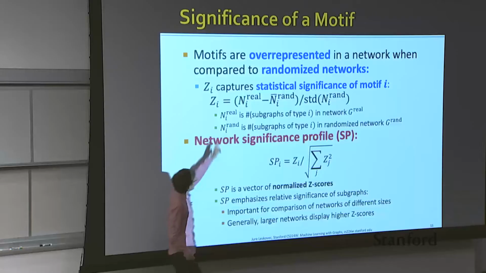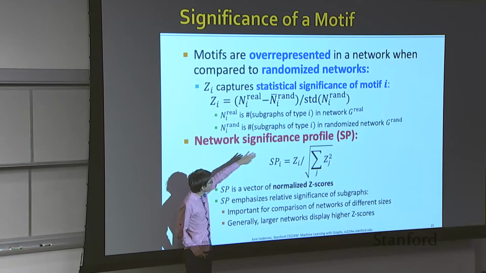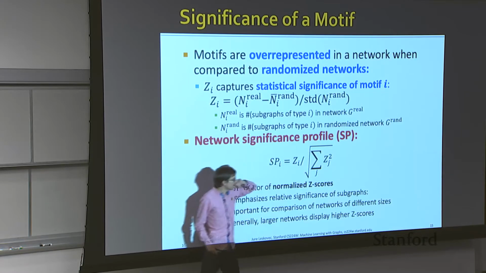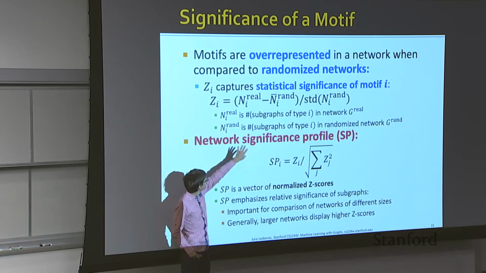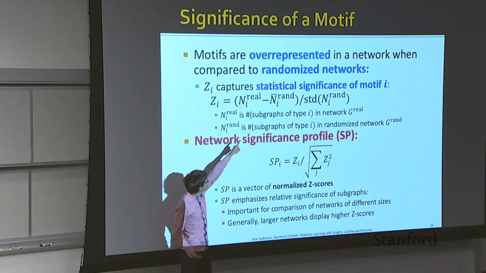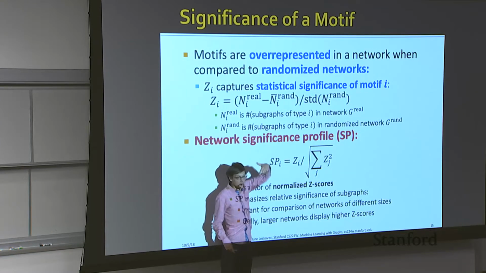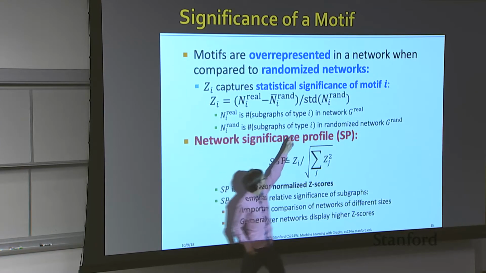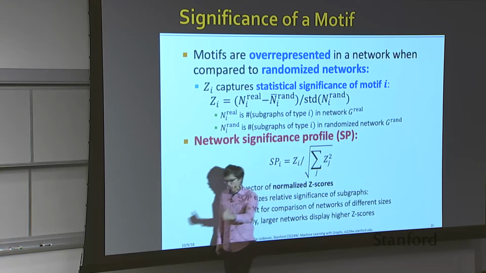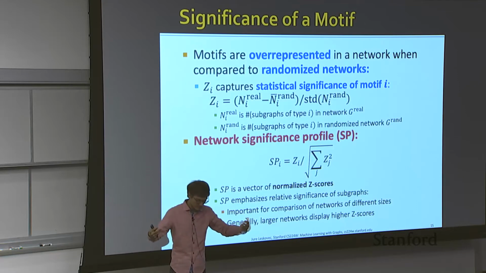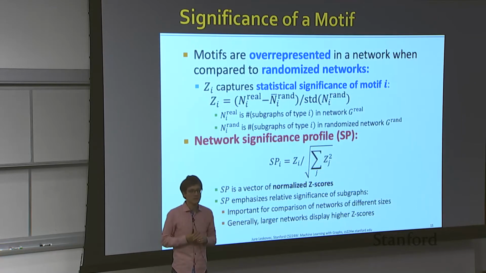So N real is the number of subgraphs of type i in the real network, N random is the number of subgraphs in the random network, and the z-score is the difference, where this is the average over all the instances of random graphs, and this is a standard deviation over all the instances of a random graph. So essentially, I'm measuring the difference in units of standard deviation.